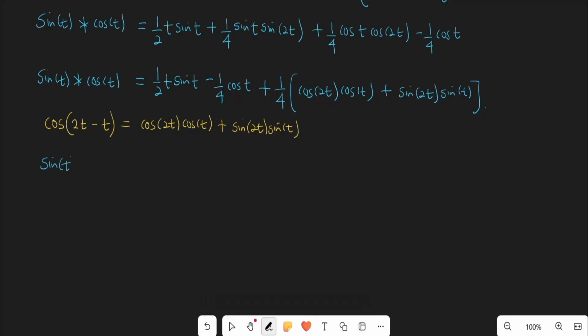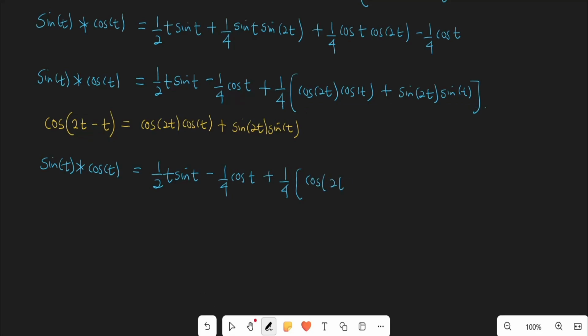So sine of t convoluted with cosine of t is equal to 1/2 times t times sine of t minus 1 over 4 times cosine of t plus 1 over 4. Instead of this long guy here, I'm going to replace it with this one. It's the same thing from the double angle identity.